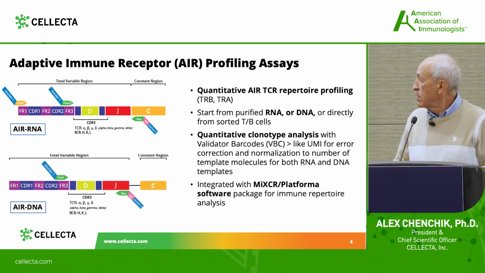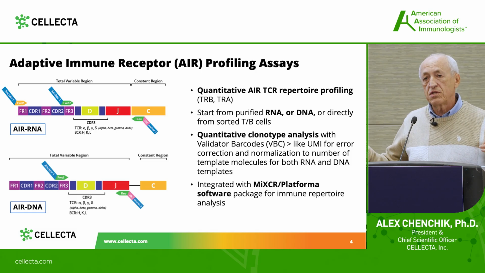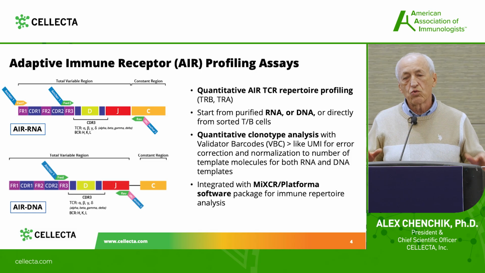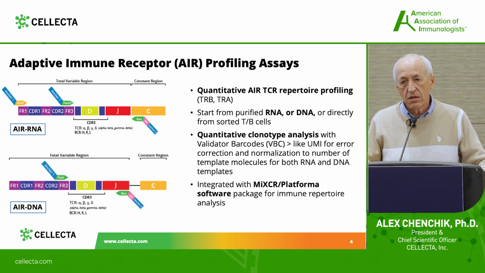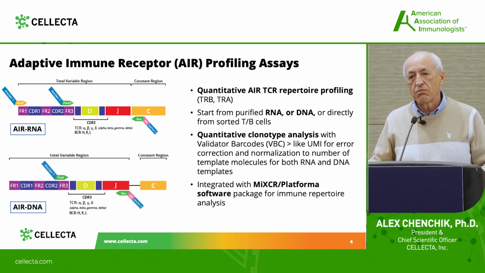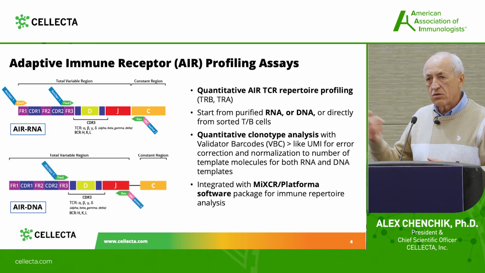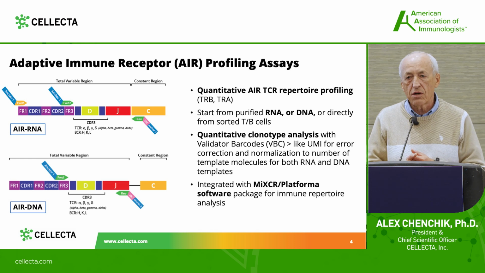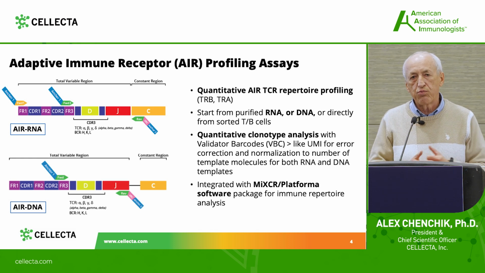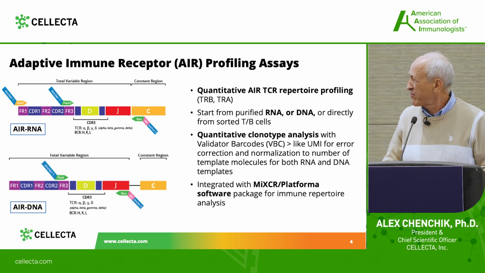Importantly, it incorporates a so-called validator barcode, a concept similar to UMI, which allows you to do error correction and normalization of any read number to the number of starting molecules in any sample you're using. And the software is the MiXCR platform, which is the most popular software used in the scientific community, actually free for academic researchers, to analyze immune repertoire profiling.